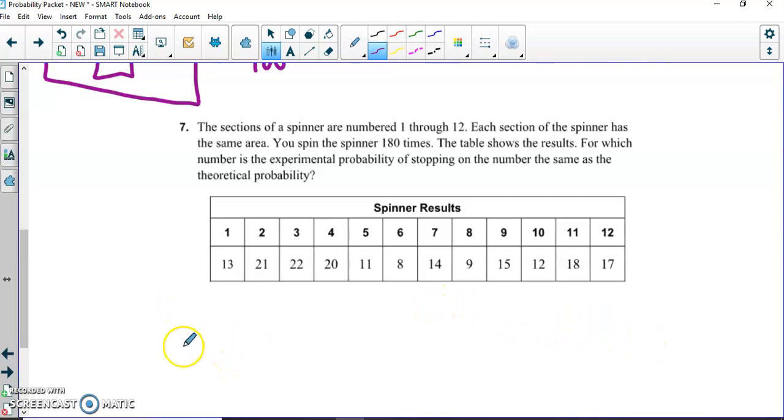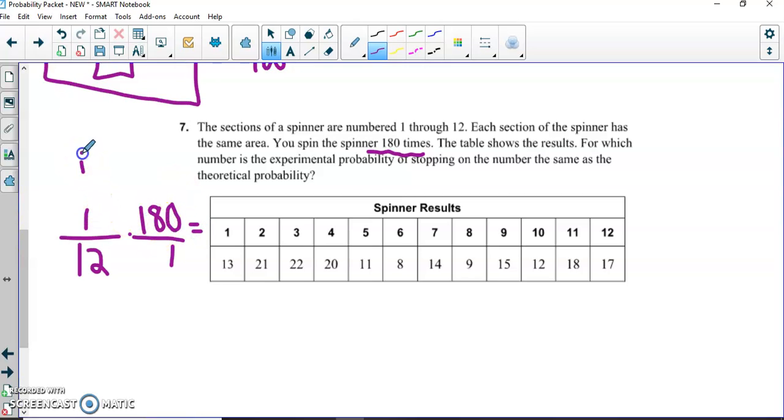Okay, so remember, theoretical probability is what should happen. So if I spin a spinner that has 12 numbers on it, each time I spin, I have a 1 out of 12 shot of getting any number. Now, if I spin it 180 times, I should have a 1 out of 12 chance of getting one time, but then I would do times 180 to see how many times I should get that number in 180 spins, right?